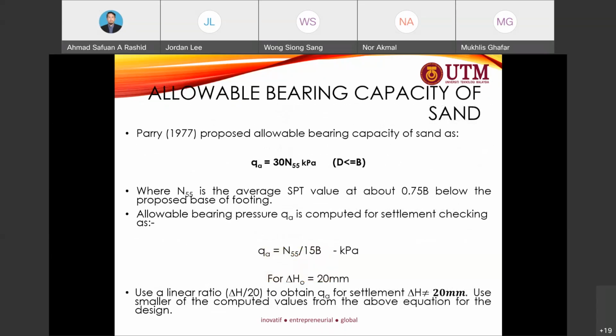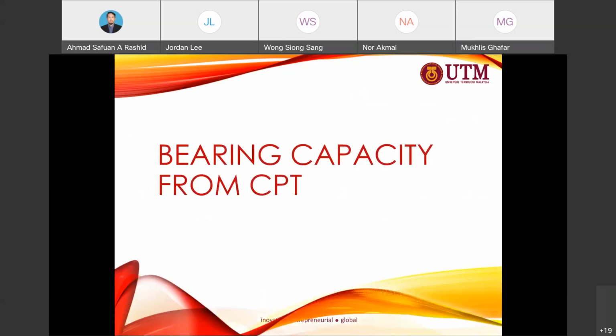So for sand, this is the equation to calculate the bearing capacity. Allowable bearing capacity QA is computed for settlement checking for delta H equal to 20 millimeter.